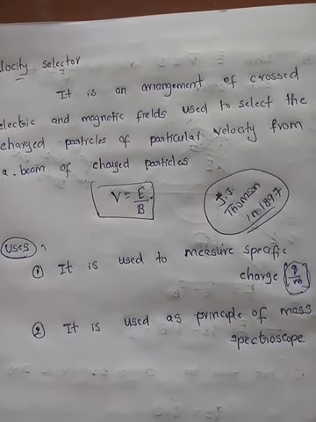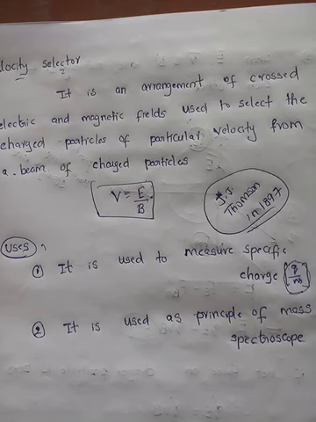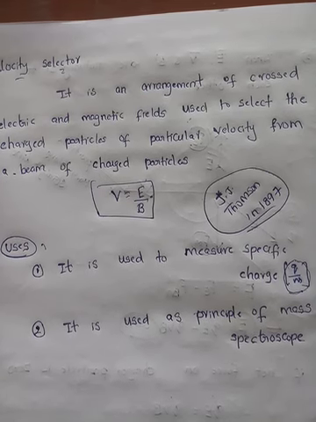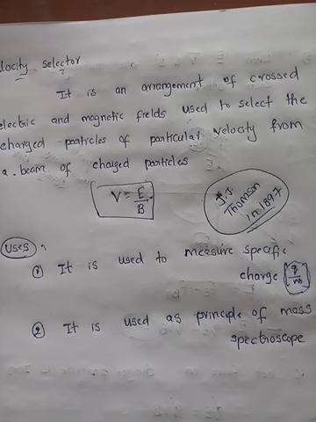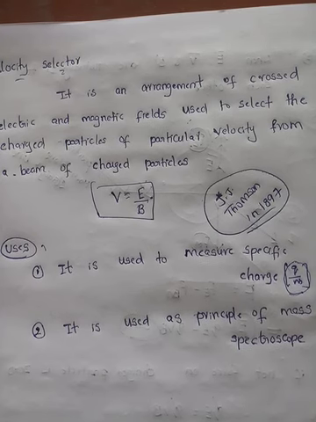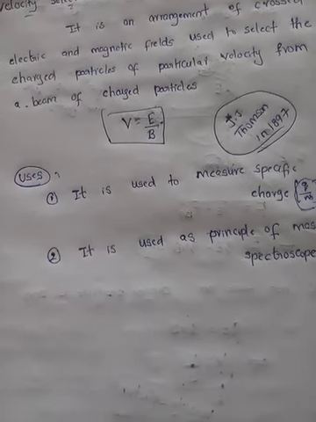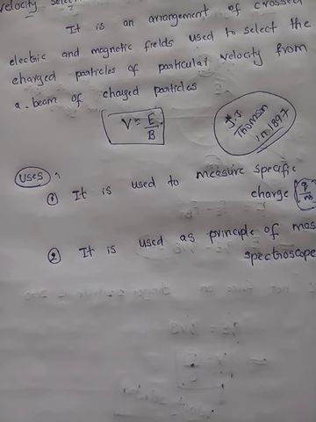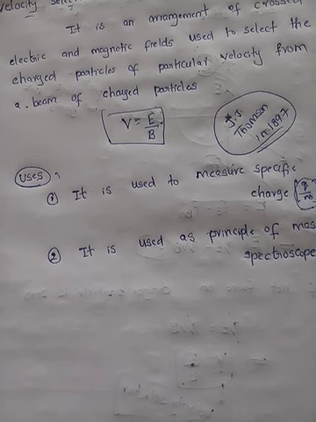So from this we come to know that we can accelerate the charged particle when it is in the presence of an electric field. If we use a magnetic field, what happens? When you apply a magnetic field perpendicular, the particle moves in a circular path.